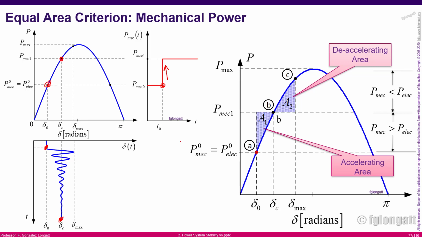However, moving from point A to B is quite interesting, because in this region the mechanical power is above the electrical power. That means the machine is increasing the rotor speed, and because of that the angle is increasing, and that is basically this region over here.